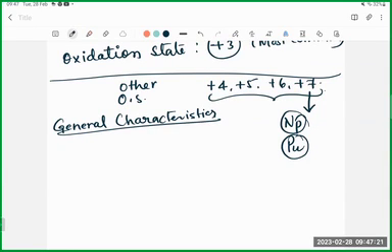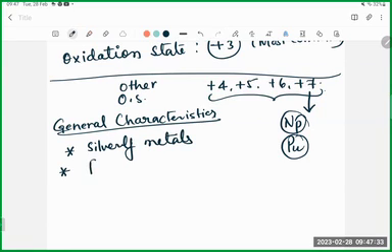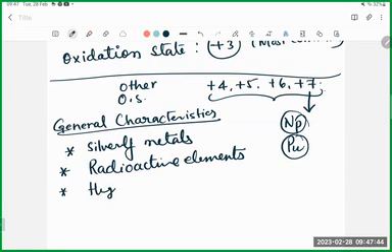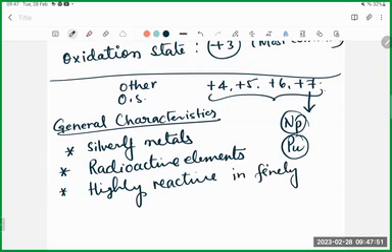Since they are radioactive, you can imagine. All the elements of the actinoids are radioactive. Correct?